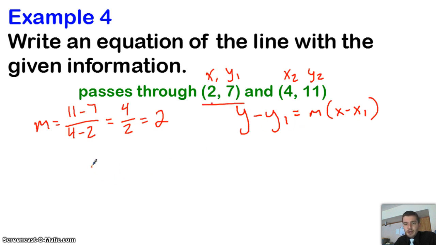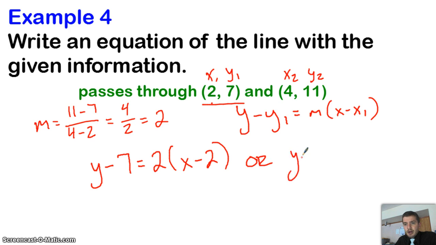So y minus y1 is 7. So y minus 7 equals, the slope is 2, so 2 times x minus 2. The other option, I'll go ahead and write it, is y minus 11 equals 2 times x minus 4. If you multiplied all these out and solved for y, you're going to get the exact same answer.